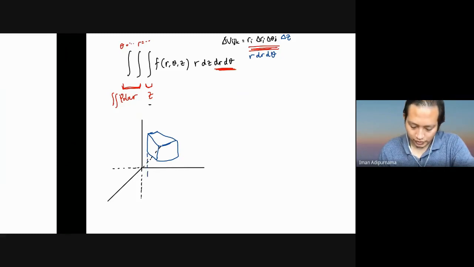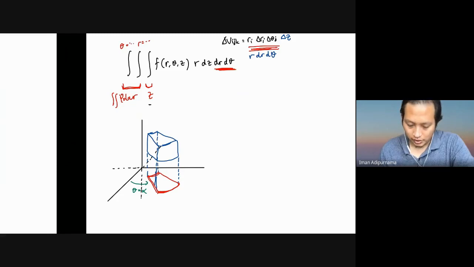For example, if you have this surface here, by doing this you can see that it's actually making a polar relation.